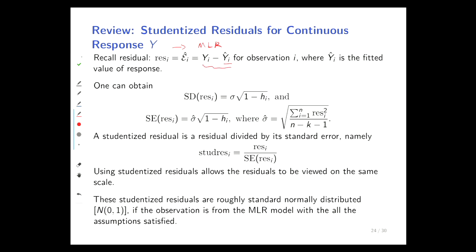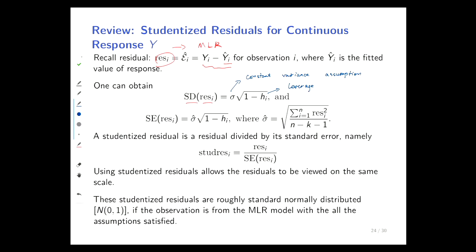So here we can obtain our residual. And for the residual, we can obtain the standard deviation. I have already mentioned it, but I will repeat it again. Sigma is from the constant variance assumption. And h_i is actually the leverage.